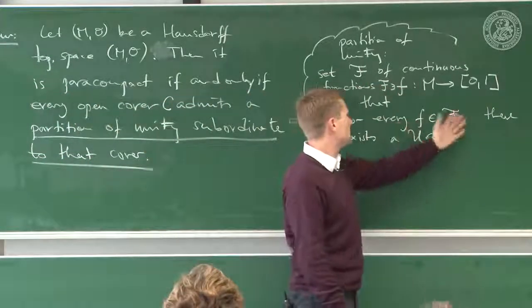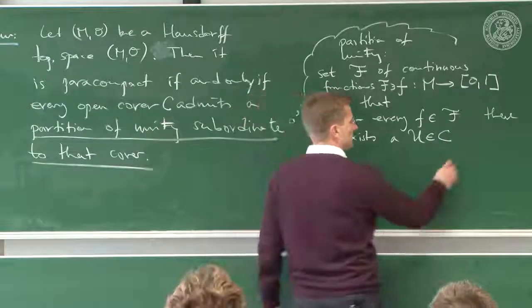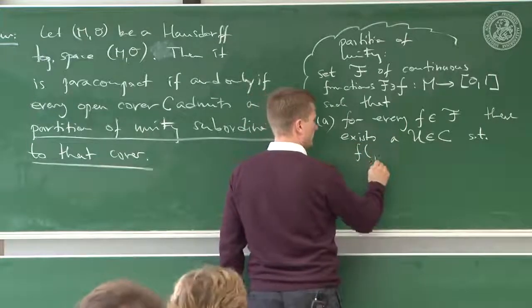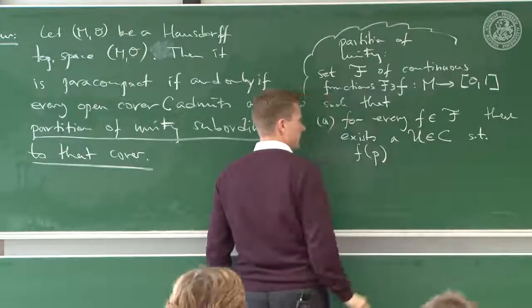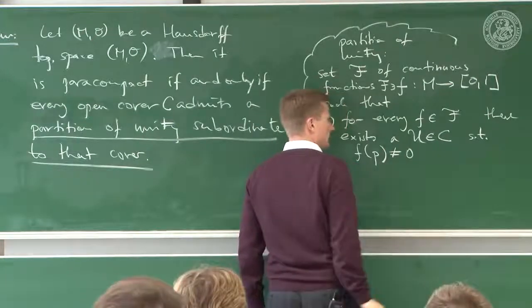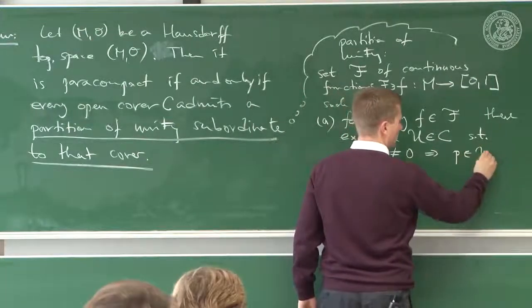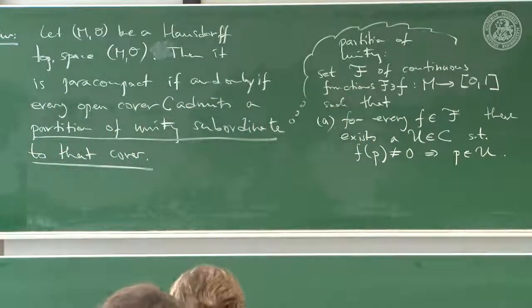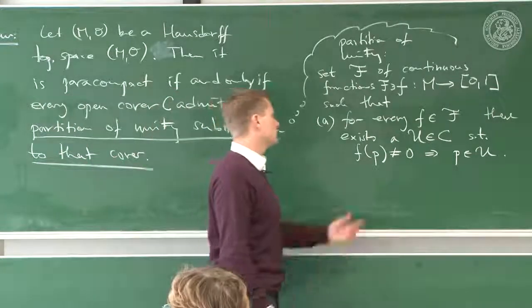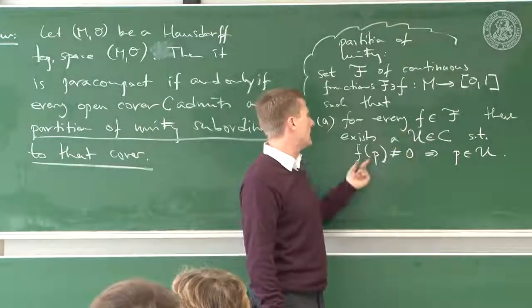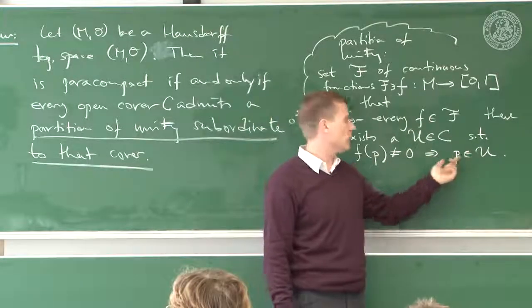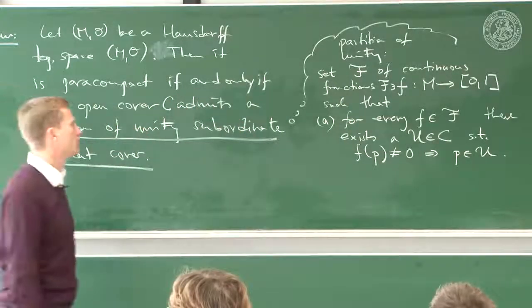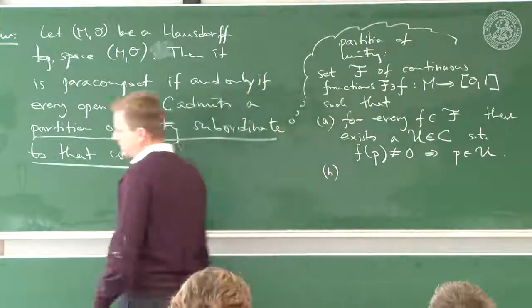So you find these functions such that there exists a U in C such that f of p non-zero implies that the p already was in that element of the cover. You could also say the function f has support only on that set U. That's the first condition.